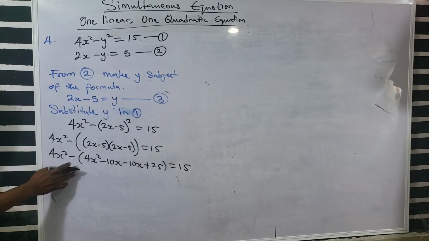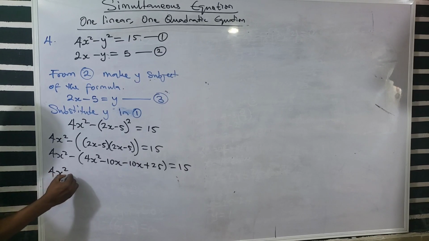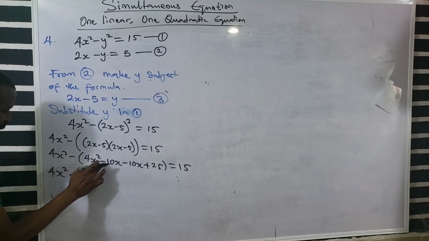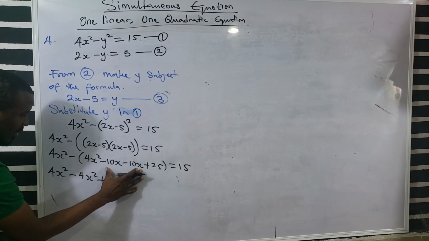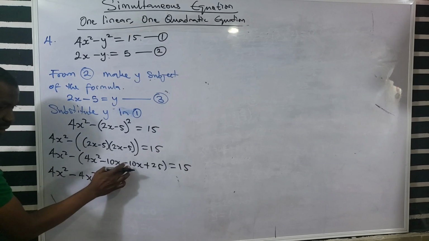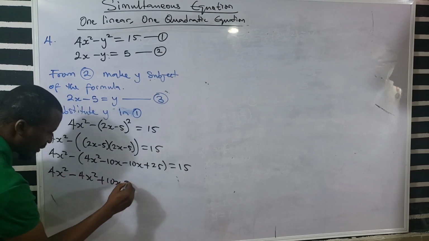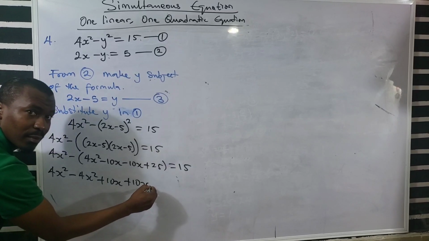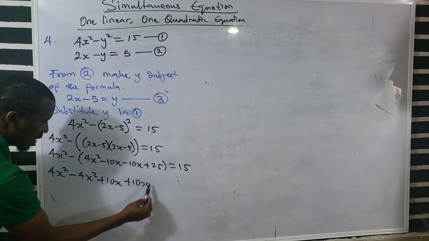So I now need to open this bracket here. So that will give me 4x squared minus 4x squared. Minus times minus here will give me plus 10x. Okay, let's do it one after the other. Plus 10x, this and this will give me another plus 10x.